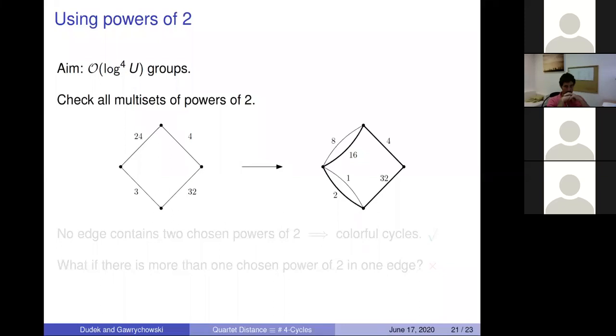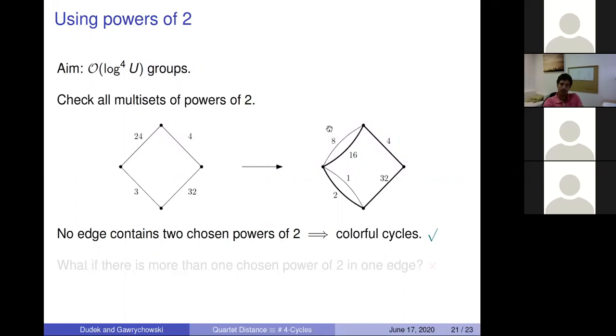So if for the current set of powers of 2, no edge contains 2 powers of 2, you obtain this previous problem. I didn't show you the proof, but it's crucial in the proof of the previous statement that the graph is simple in this colorful cycles problem. So if on an edge you have 2 powers of 2, then it's not a simple graph anymore.